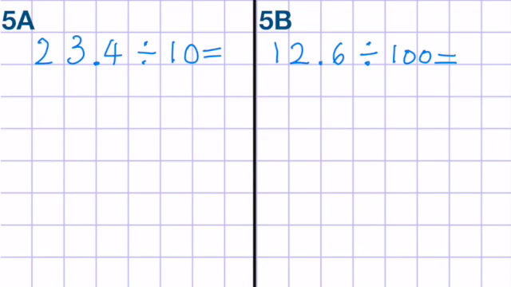Okay, so we've got here the tenths column, the ones column, a decimal place, we've got tenths, hundredths, and thousandths. So 23.4.